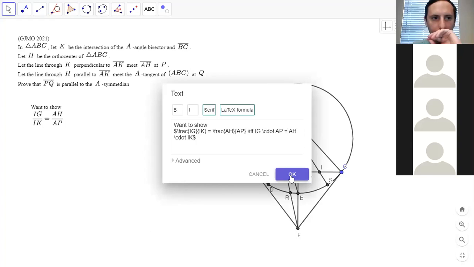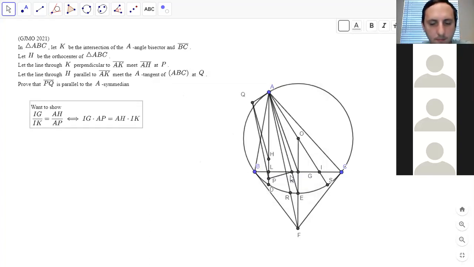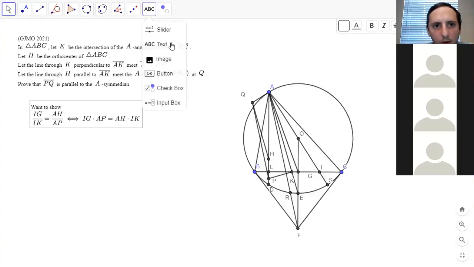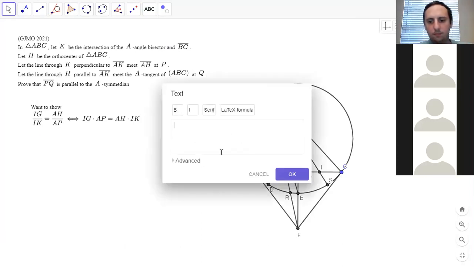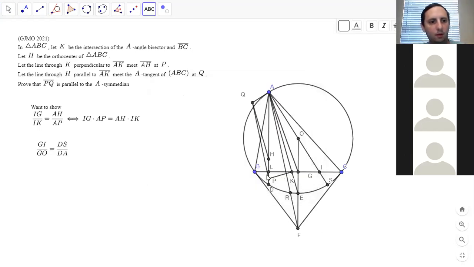So first of all, triangle OIG is similar to ASD. So GI over GO is DS over DA.